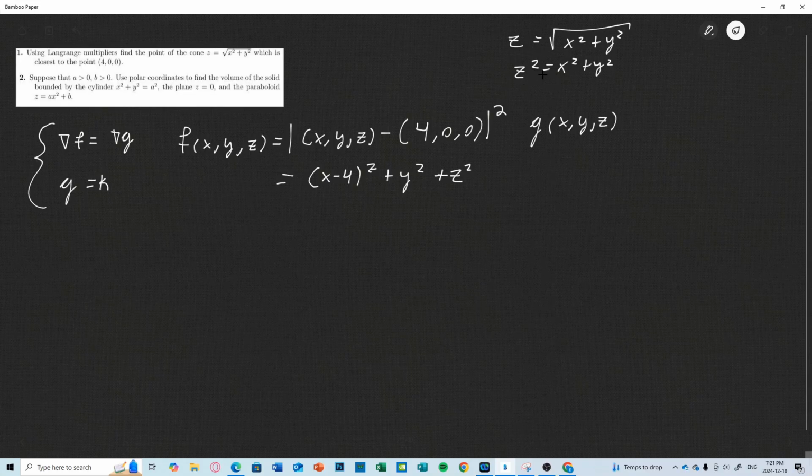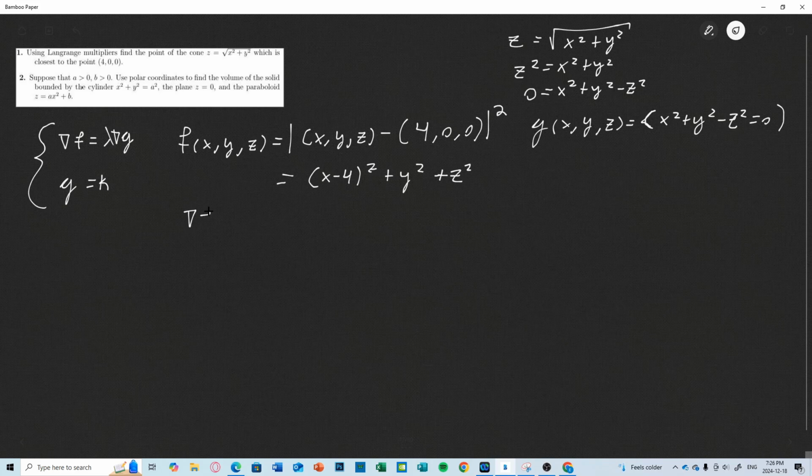And since we want our constraint to equal a k, meaning that we don't have any variables, we just put z onto the other side, giving us 0 is x squared plus y squared minus z squared. So our g of x, y, and z is x squared plus y squared minus z squared equal to 0.